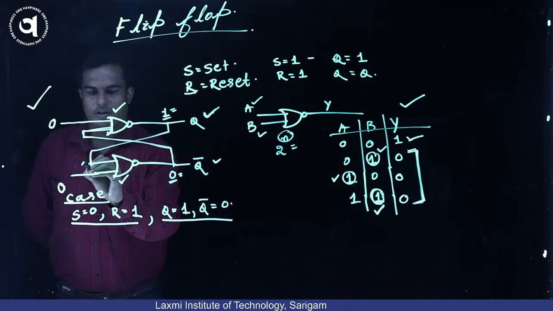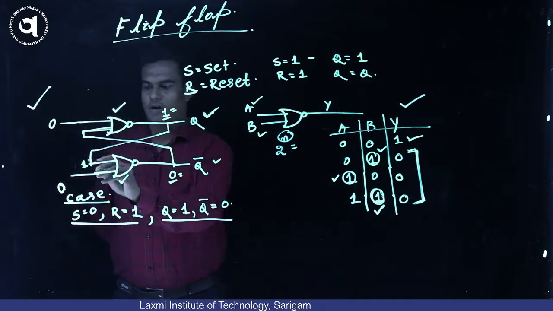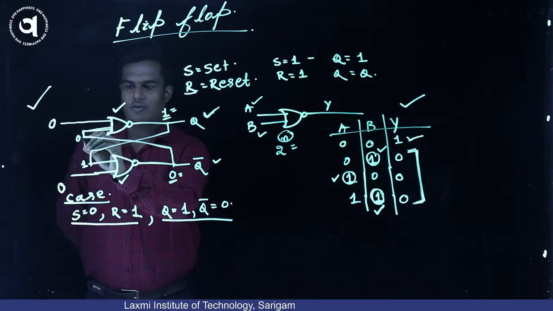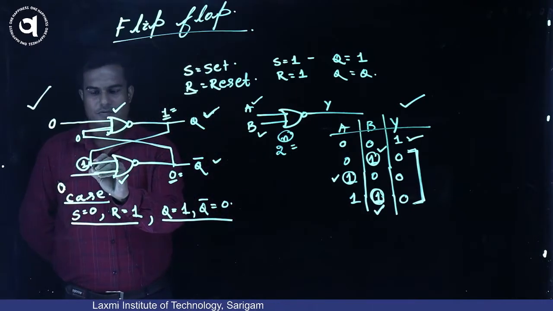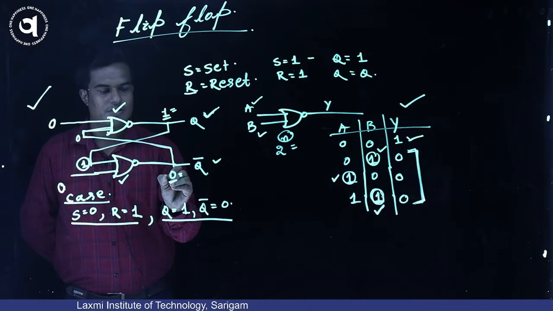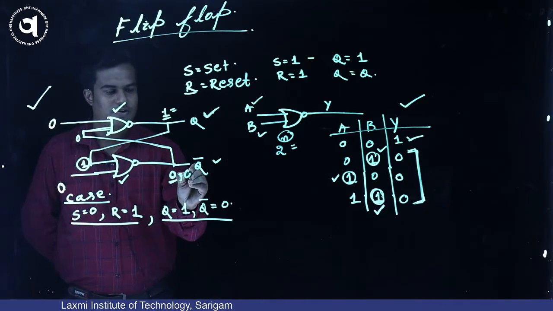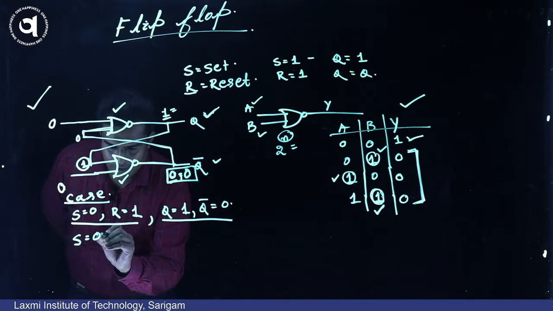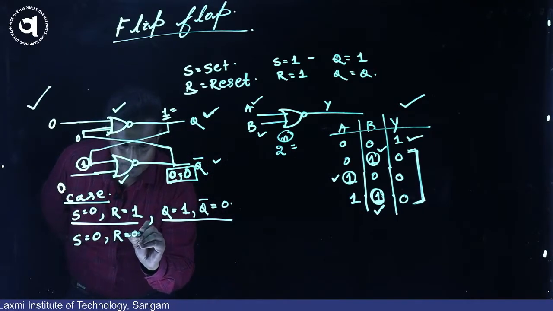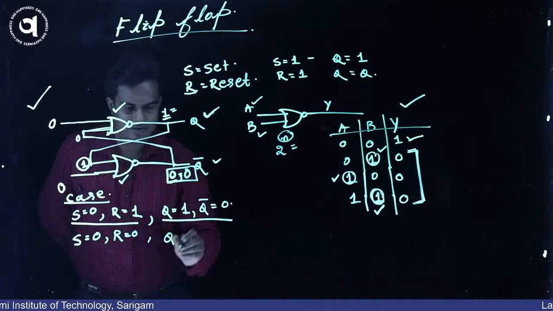So the input to this NOR gate is 1 and 0, and here it is 0 and 0. Since one of the inputs equals 1, I can write here output equals 0. So the new output is 0, which matches the previous output. So the new output when S equals 0 and R equals 0, I can write like this.